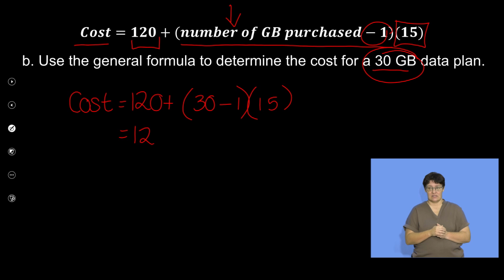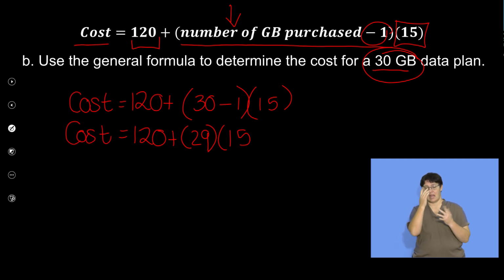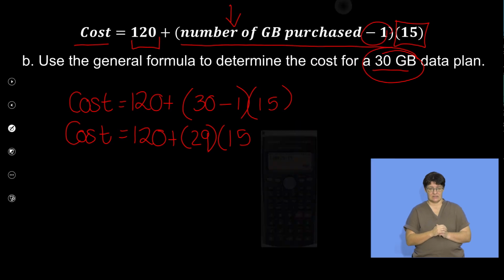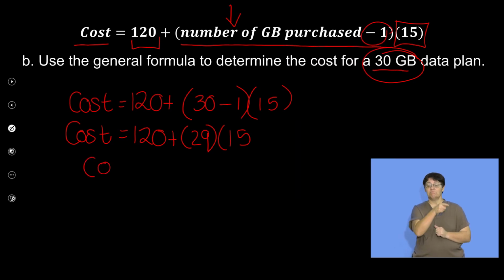So it's going to be 120 plus 29 times 15. And I'm going to use my calculator friend again. So let's clear that. We're going to have 120 plus 29 times 15. So Sarah is going to pay 555 Rand for 30 gigabytes of data.